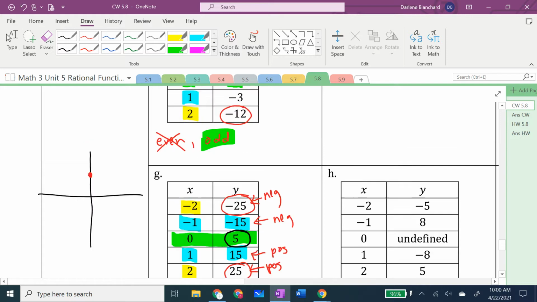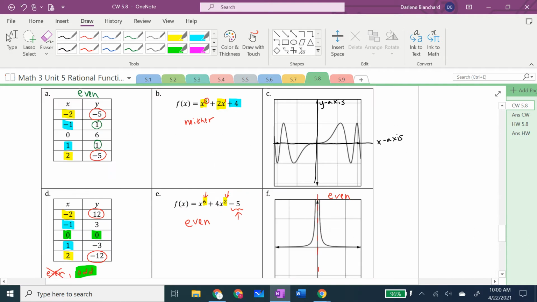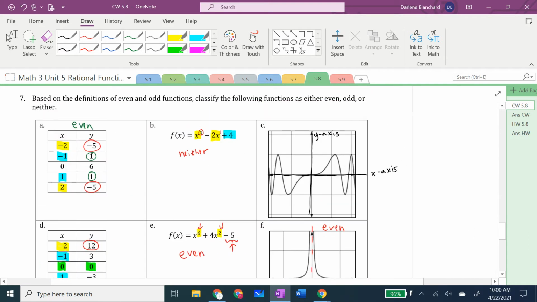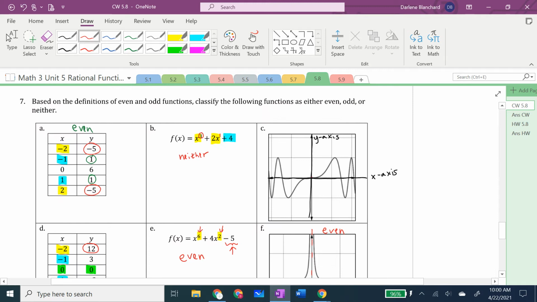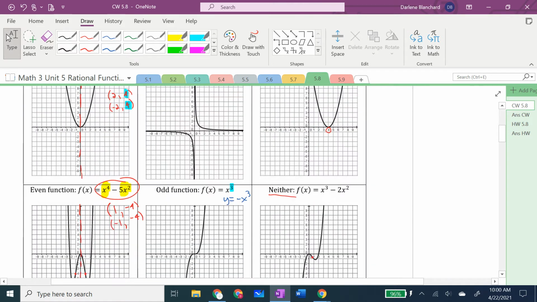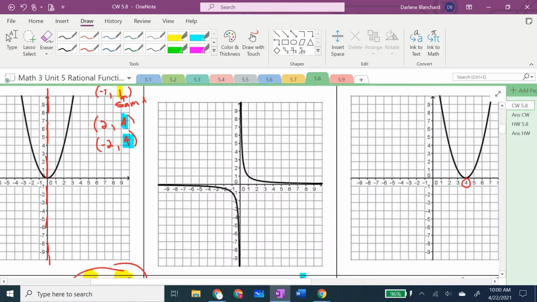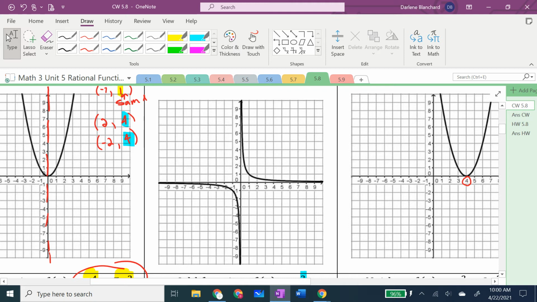Odd functions, let's look at the graphs of the odd functions. A graph of an odd function has to go through the origin, or this one is an odd function. It doesn't go through the origin, but it also doesn't have a y-intercept at all.